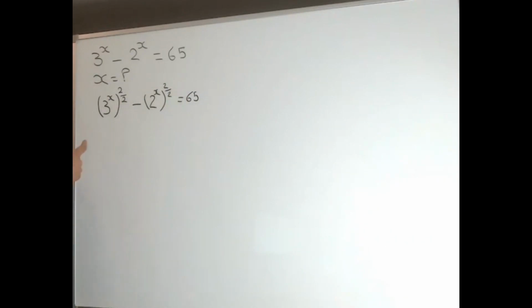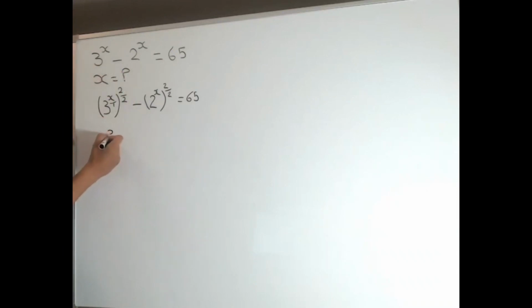Now the next thing, I'm gonna take this 2 and put it under the x. And you're allowed to do that, because you remember the rule, when you have an exponent outside of the brackets, you multiply it into the exponent inside the brackets. And I'm only gonna multiply the 2 to the 1 underneath here, and I'm gonna leave that 2 outside.